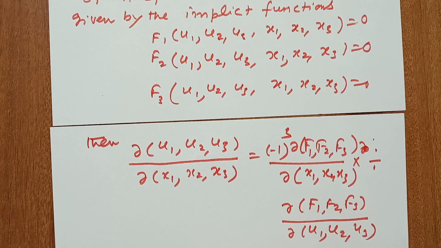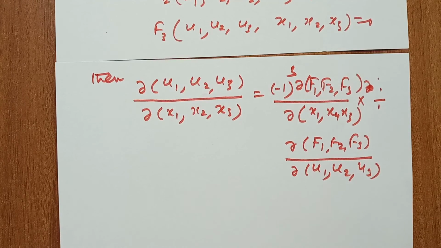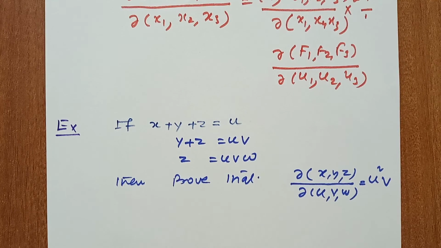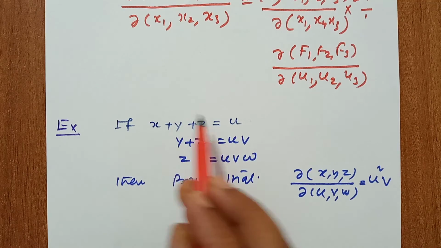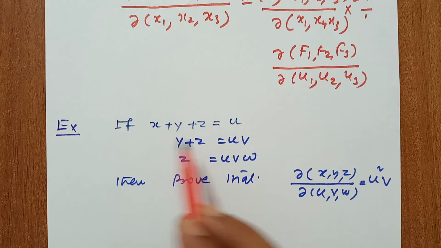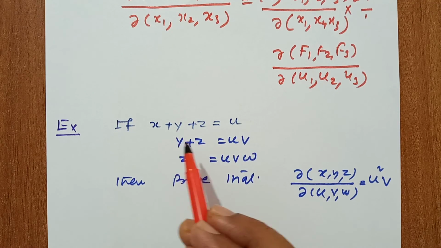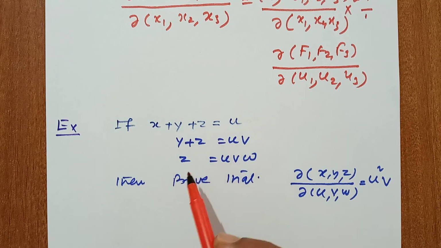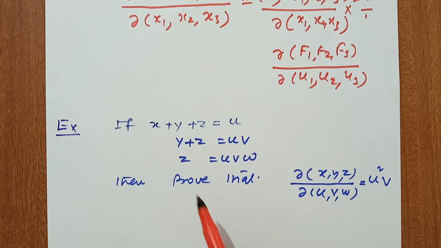Now I will explain some examples on implicit functions. This is an example on implicit functions. Here x, y, z are three variables, and u, v, w means x, y, z are functions of u, v, w, and we cannot determine the value of x, y, z from these three relations. It means these are implicit functions.